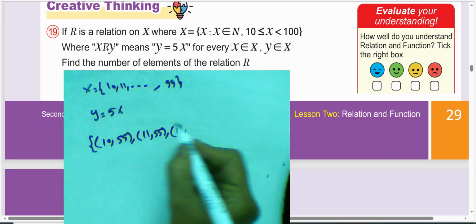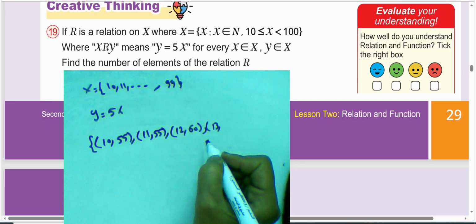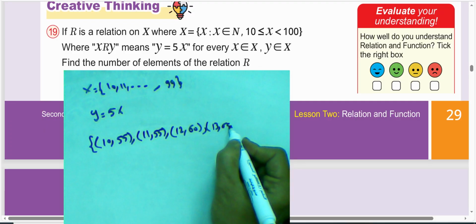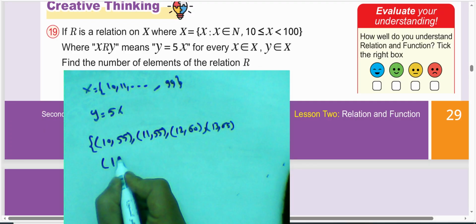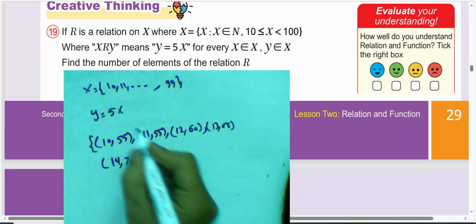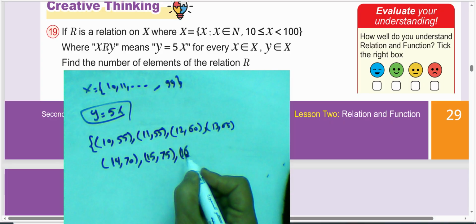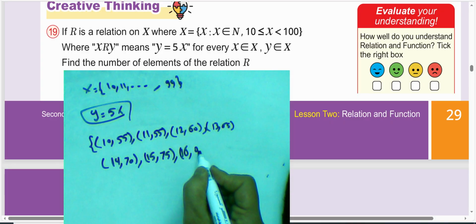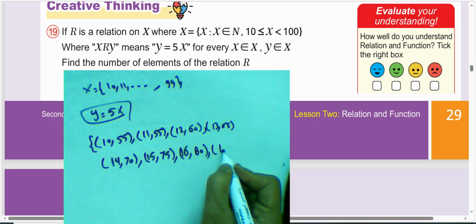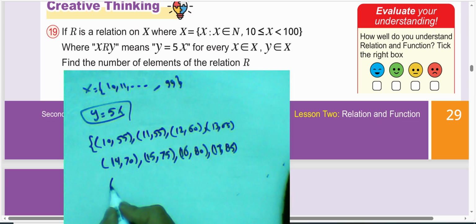And 12 times 5 is 60. And then 13 times 5 is 65. And 14 times 5 is 70. 15 times 5 is 75. 16 times 5 equals 80. And 17 times 5 is 85.